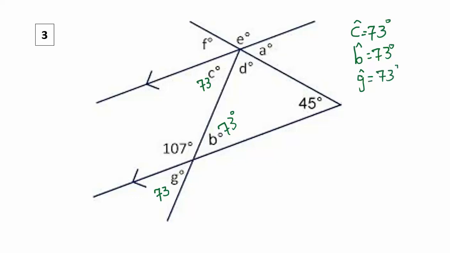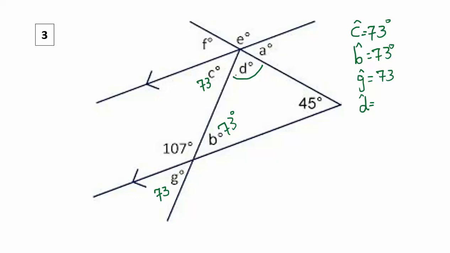Remember, you do not have to go in order of A, then B, then C. It won't always be possible to do that. We go with the clues we've got, and as we find the angles, it doesn't matter in what order we can find them. Let's look at angle D over here.